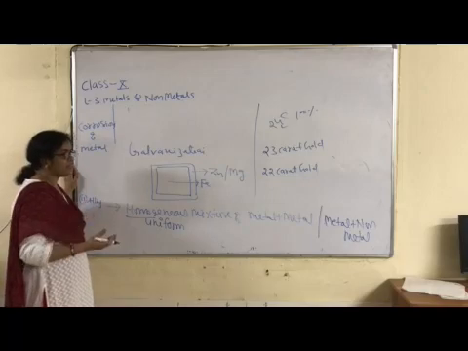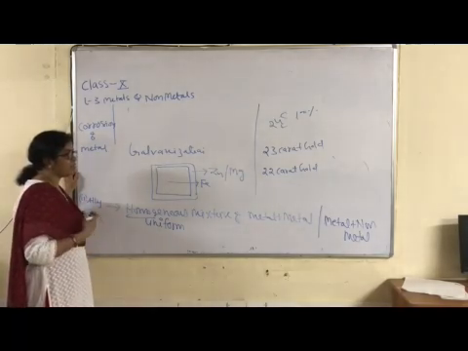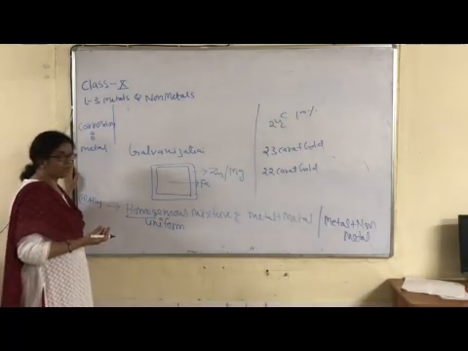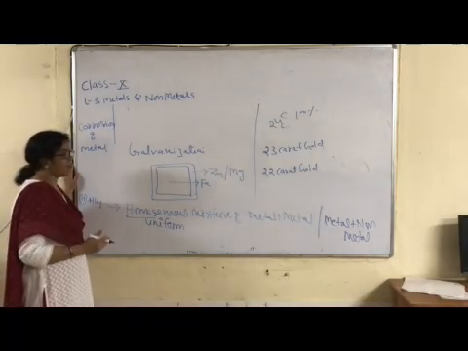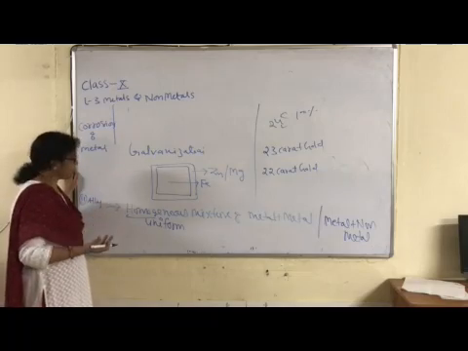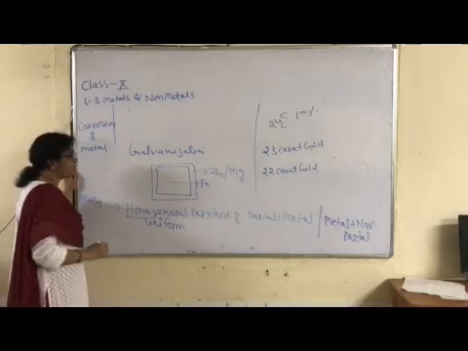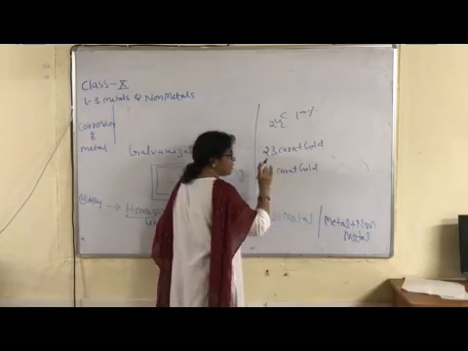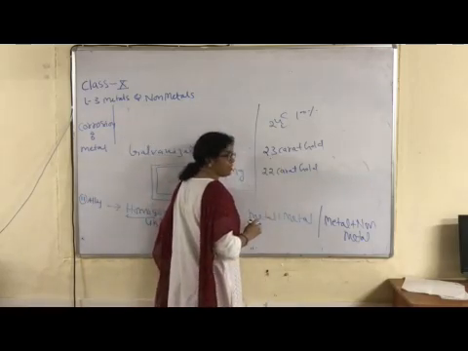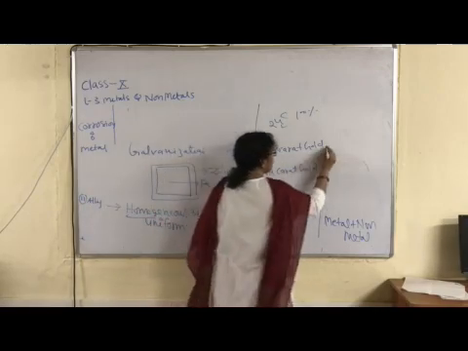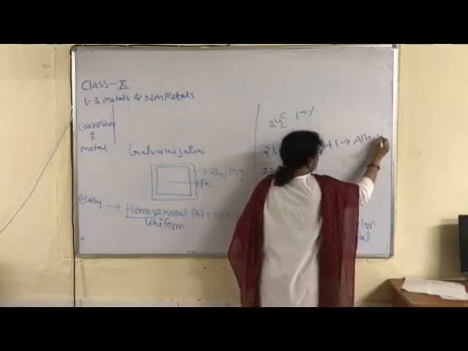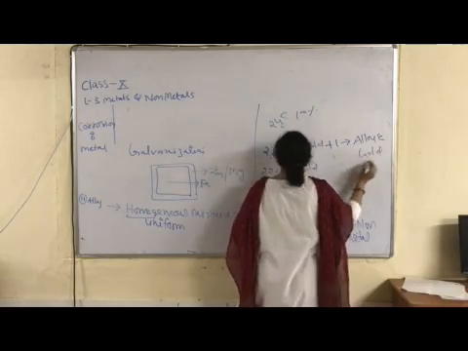To increase its density, its mass, its melting point, to decrease its softness, what is added? Another noble metal, for example, copper or silver. Then the resultant mixture is known as alloy. So 24 means 100% pure and 23 means 23 by mass is gold and 1 by mass is copper or silver. Right? So this mixture is known as alloy of gold.